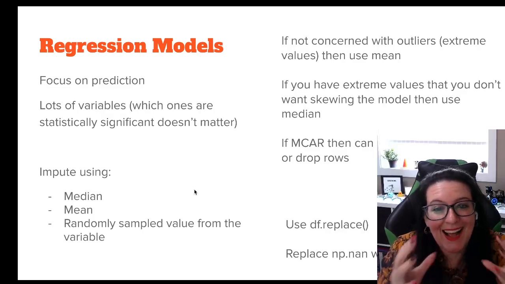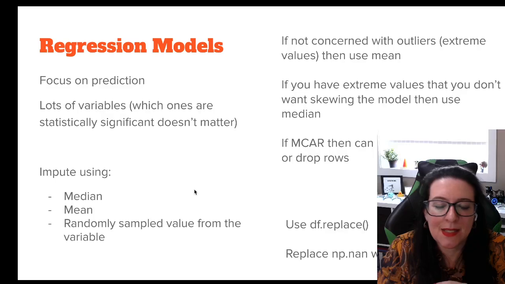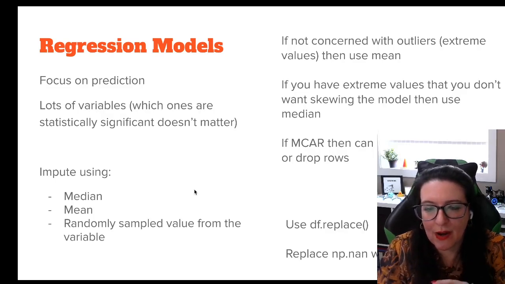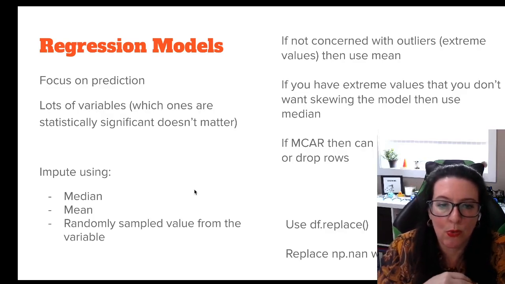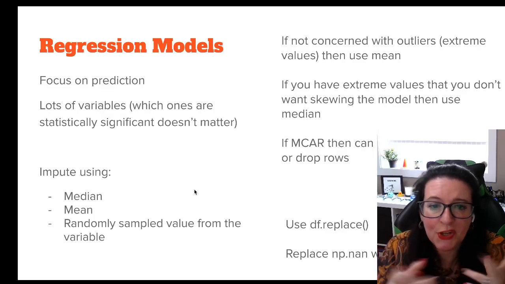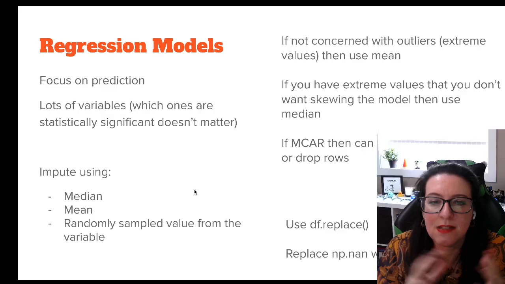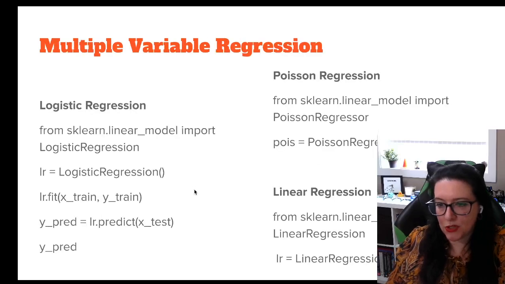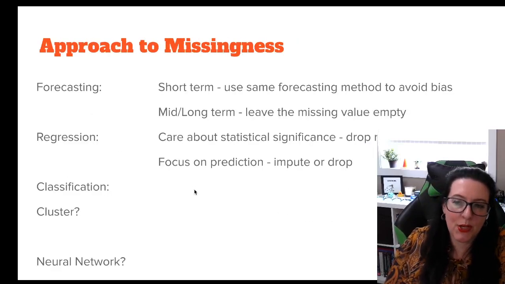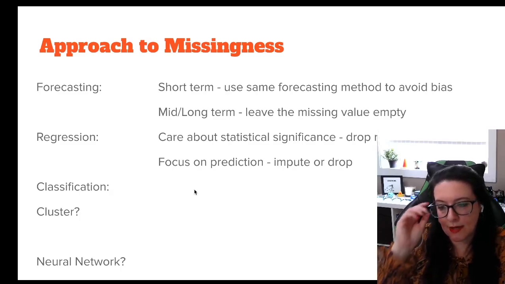If you know for a fact that you're missing completely at random, so the reason it's missing is not tied to the value of the variables in your data set, then you could choose to do random sampling. And if you're going to impute, you essentially are going to encode. You're going to replace the missing information, the NaNs, using NumPy to replace them with that information. So that's how we deal with regression. We can impute or we can drop, being careful about the reason for our missingness.